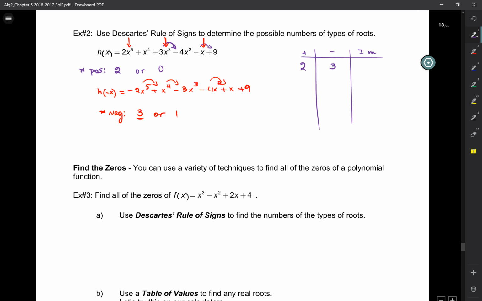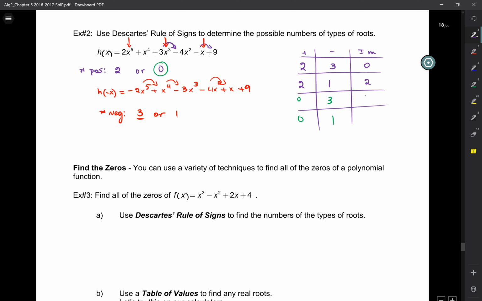And then we're going to match 0 with 3 or 0 with 1. What's the total supposed to add up to? 5 in each row. So for the first case, we can't get any imaginary. How many imaginary here? 2, 2, and 4. That's it.